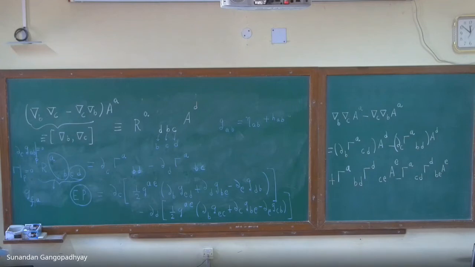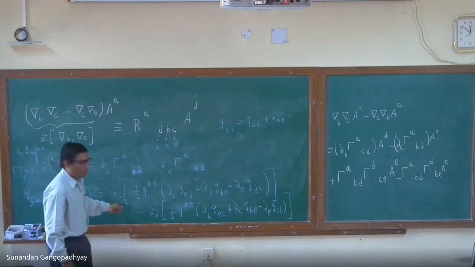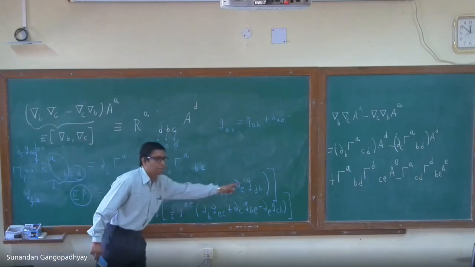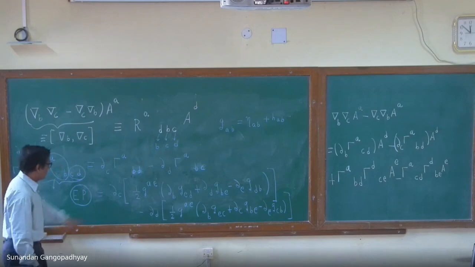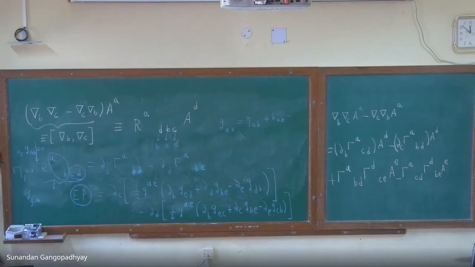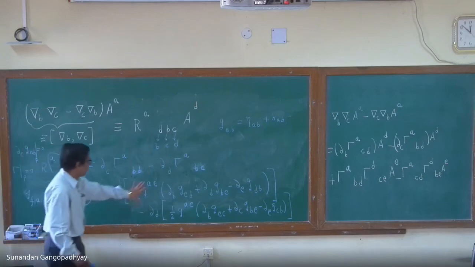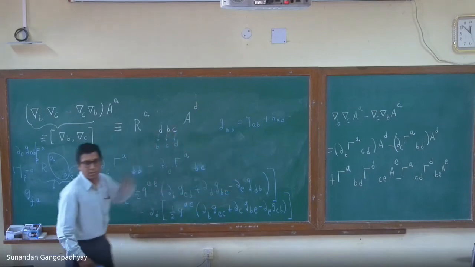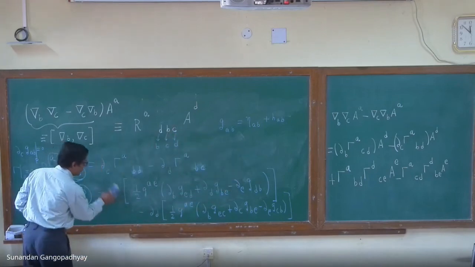And this condition is very simple to impose. From here, you will have two terms. Del C will act on this term, del C will act on this term. But del C acting on this term is what? Is zero. Because del C acting on this term is del C G AE times again del D this. All these terms are zero. So you don't need to act this here.